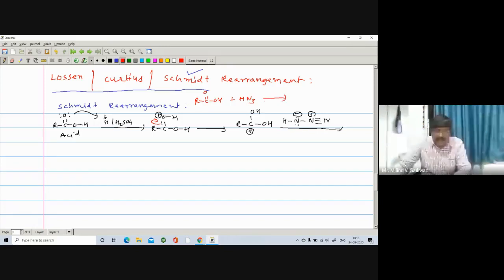Hydrazoic acid, and there is a formation of the corresponding amine, RNH2, right? So this is the overall transformation. Starting compound acid, reagent HN3, and the product is your primary amine. Now let us see what is the mechanism of this reaction, right?